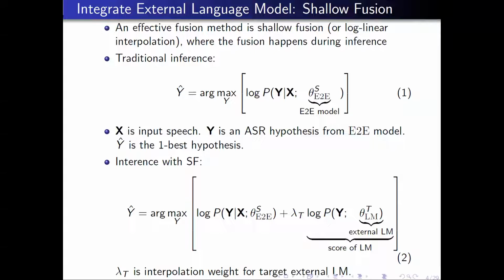The best hypothesis, Y hat, is selected with the highest score. In shallow fusion inference, the score of each hypothesis is interpolated from the end-to-end system score and an external language model score. The lambda t is the interpolation weight for the target domain external language model.